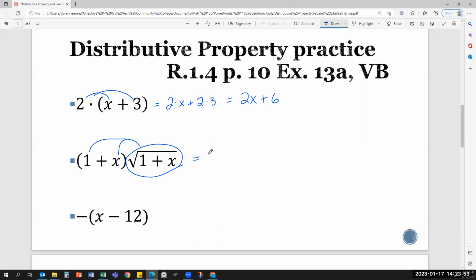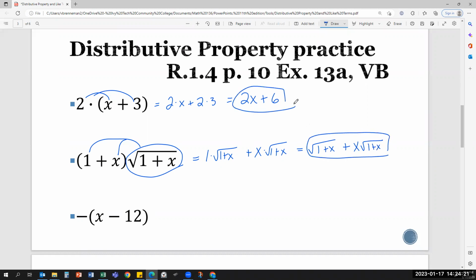That's going to be 1 times the square root of 1 plus x, plus x times the square root of 1 plus x. Or again, you could go straight to the final answer. When we have 1 times something, it doesn't change the quantity, so it's just the square root of 1 plus x. The result is the square root of 1 plus x plus x times the square root of 1 plus x.